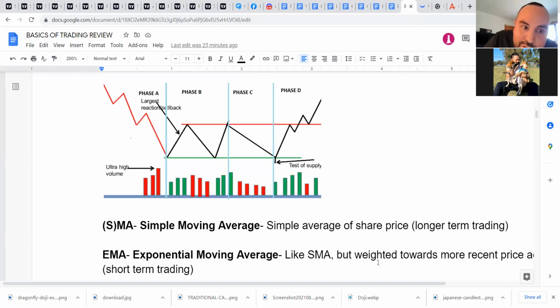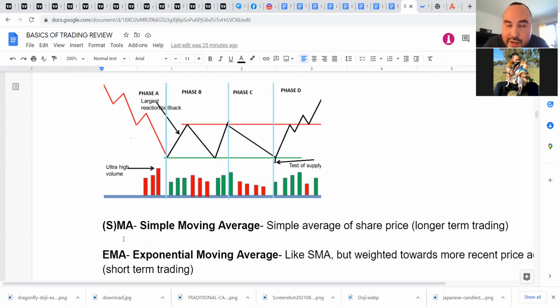And that starts with the moving averages, actually. For our short-term trades, we use an exponential moving average. You have your SMA, or simple moving average. That's just a simple average, no formula. It's just the average price of whatever time period.